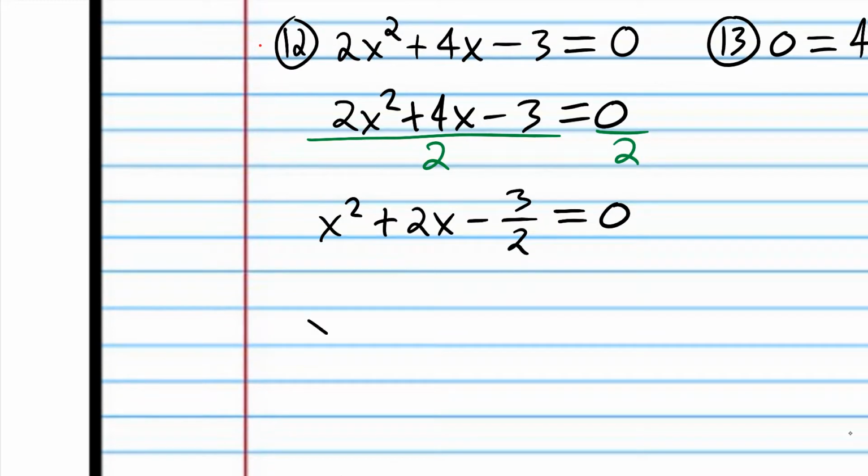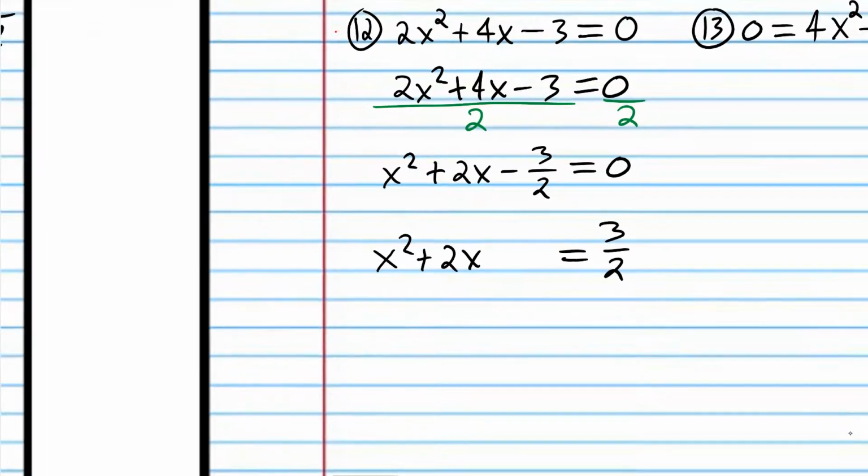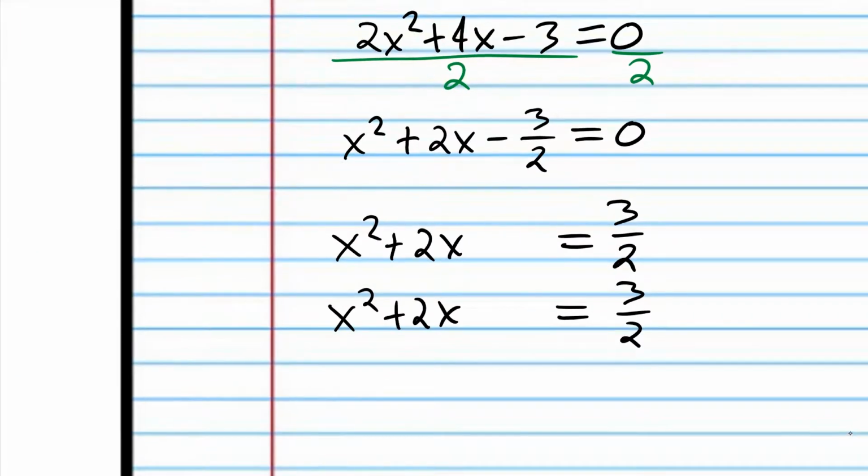So now we're going to complete the square just like we did in previous problems. We're going to take that number, put it on the other side. And again, to complete the square, we're going to take this number, divide by 2, and then square it.